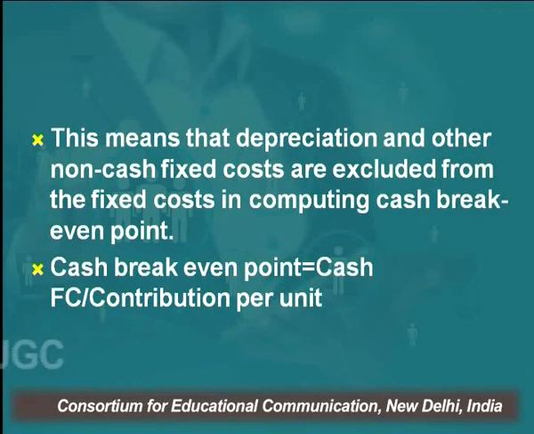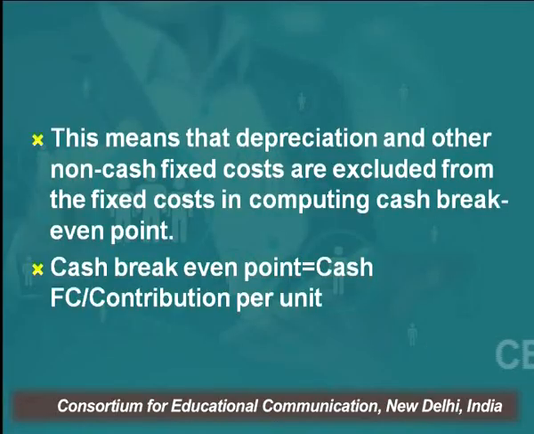Up till now we were discussing break-even point, or break-even units. Now I am saying cash break-even. Cash break-even means in terms of cash when you will become break-even. So cash break-even will exclude the costs that are not being paid in terms of money, that is, depreciation and other non-cash fixed costs are excluded while calculating fixed cost. So cash break-even point is cash fixed cost divided by contribution per unit.